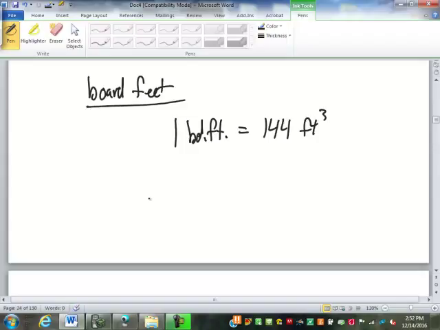So if we have a 2x4, and we're going to actually say that it's actually 2 inches by 4 inches. We all know it's smaller than that, but we're going to say it's actually 2x4.